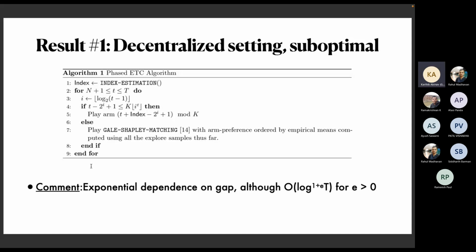Once that is done, all agents know their arm preference, and they play the Gale-Shapley matching. This is a very naive algorithm, but you can already get log of 1 plus epsilon t type of regret. All the regret bounds that we'll be aiming for are log t, because something slightly larger than log t is fairly trivial to get.